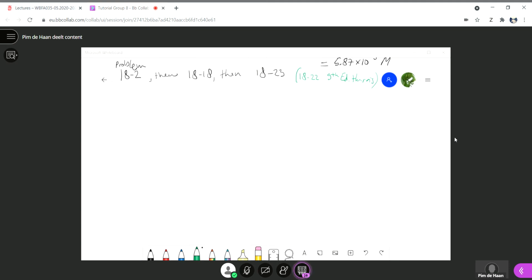Just trying to reorganize my screen so that I can see my whiteboard. All right. So the question is, what is the number of kilojoules in 1 mole of photons at 650 nanometers?